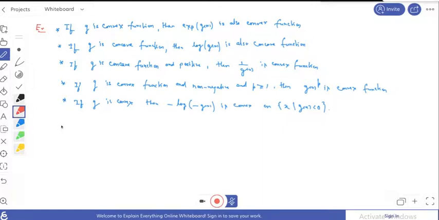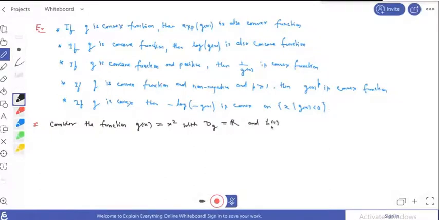Lastly, if we take a simple problem and we ask you to check whether this function is convex or not, we will use the composition function that we covered. Suppose gx equals x square, with the domain of g simply R. And the other function is hx, which equals some constant.